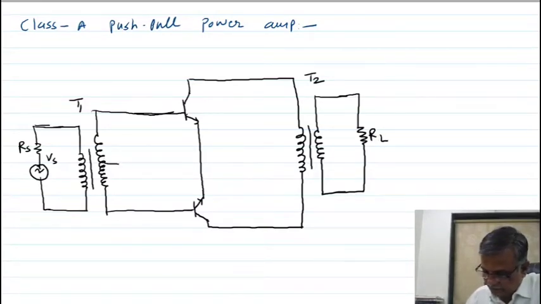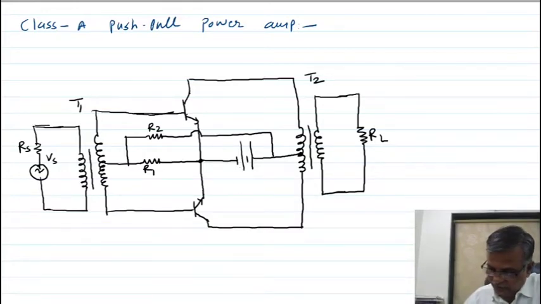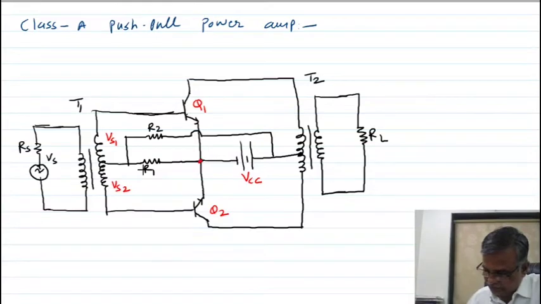Now this is your R1. This is your supply voltage, which is connected to the center point. This is your resistor R2. It is jumpered here and connected to this point. Now these are VS1, VS2, transistors Q1, Q2, VCC, and these are the connections.